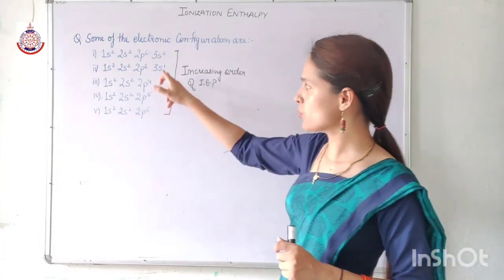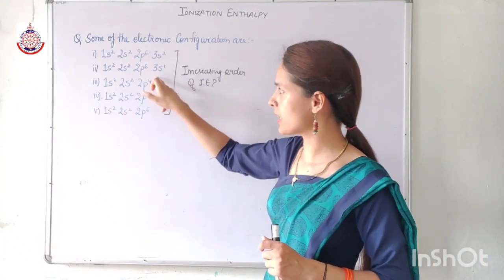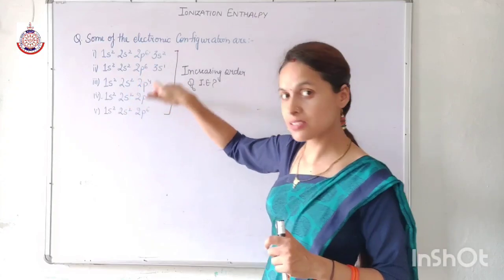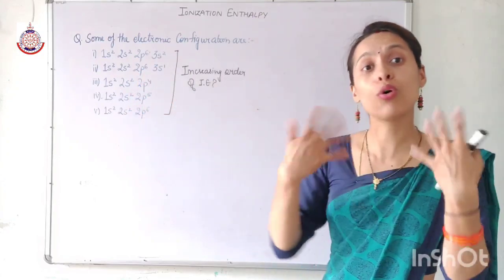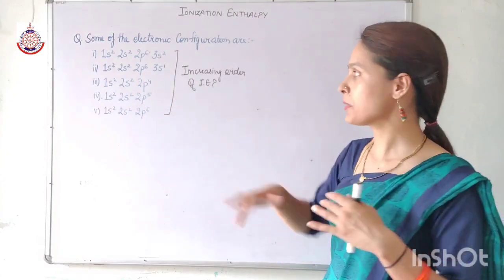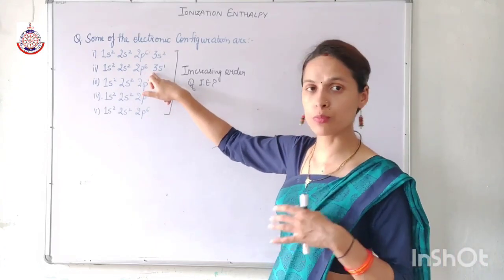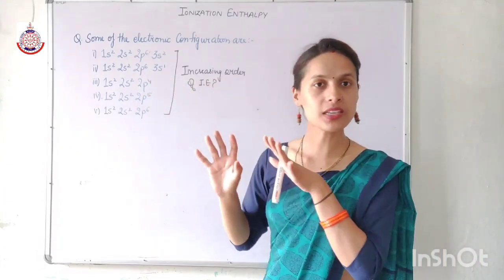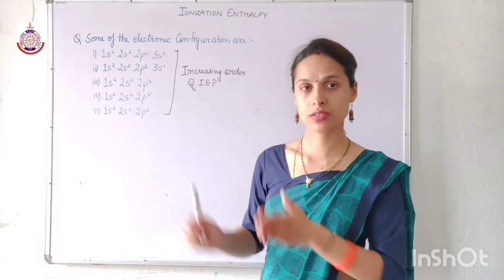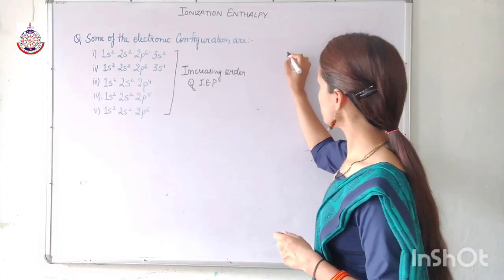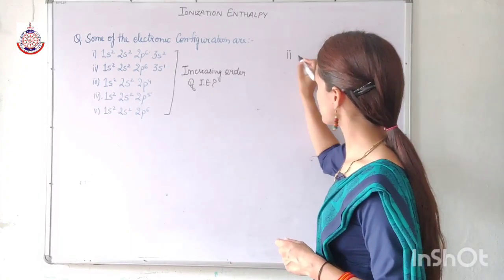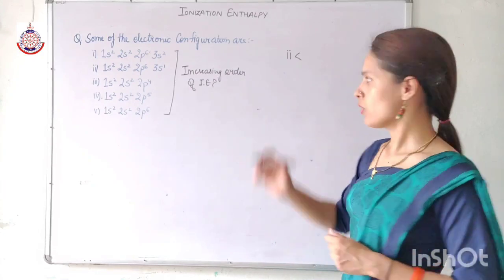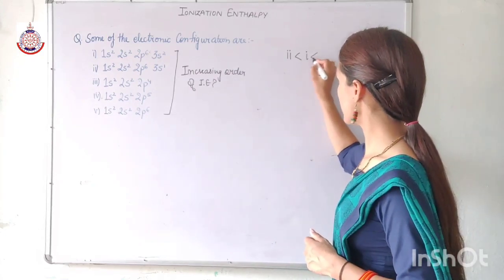It means by removing the electron, I convert a less stable configuration to a more stable configuration. So it becomes easy for me to remove the electron from the second configuration. So the lowest ionization energy is of the second. Now obviously the second one is first.